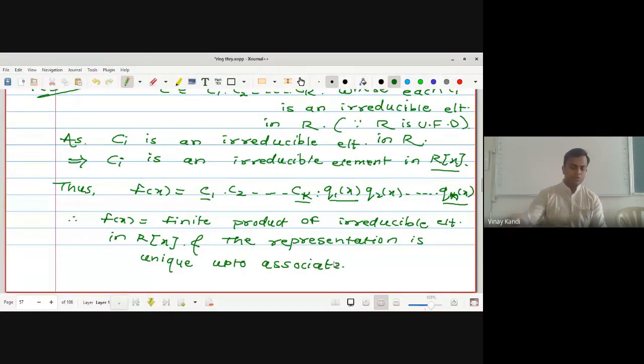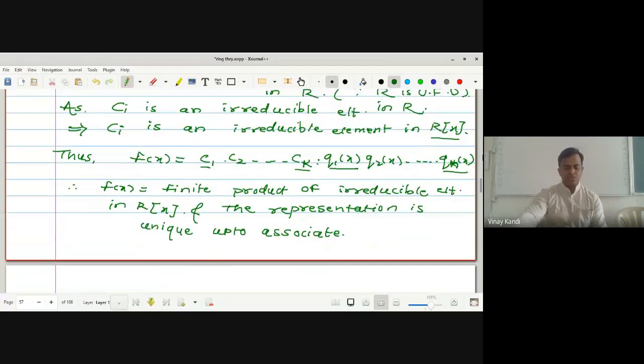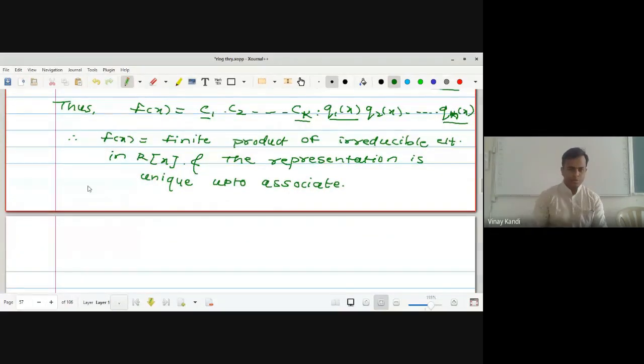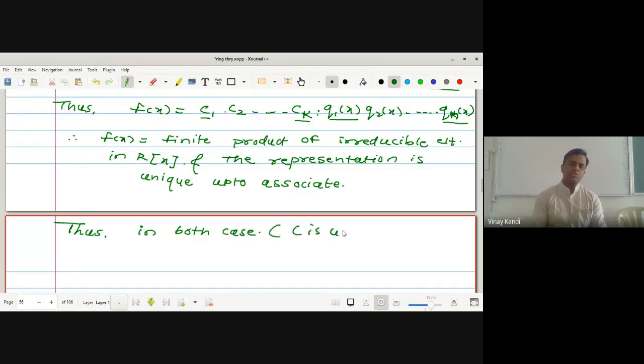Okay, so thus in both cases, that is, if C is a unit and a non-unit, both conditions of unique factorization domain are satisfied.